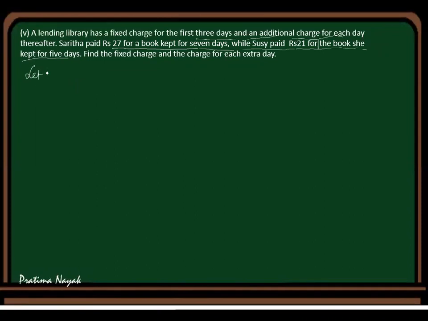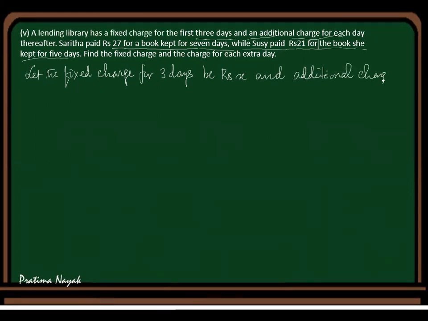So let the fixed charge for 3 days be X rupees, and the additional charge for each day be Y.